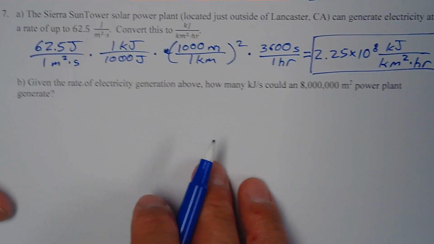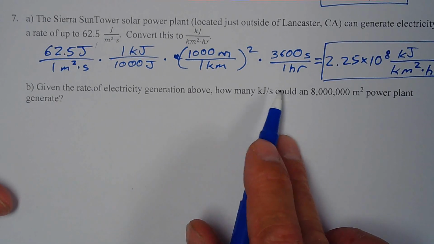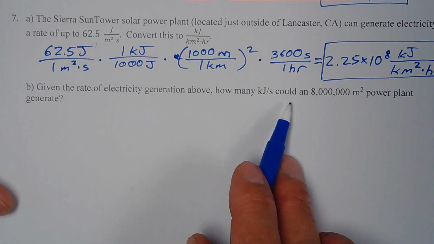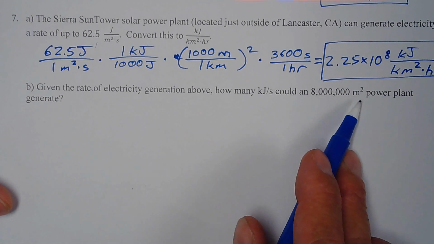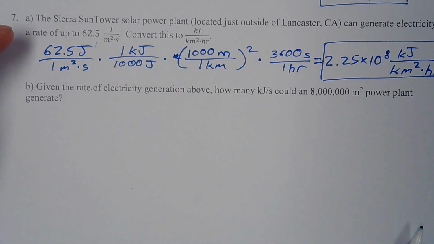Last but not least, last example problem here. Given the rate of electricity generation above, how many kilojoules per second, notice that we got rid of the area quantity, could an 8 million square meter power plant generate? Okay, the underlying assumption here is one of direct proportionality. In other words, if you have twice the area, you generate twice as much energy, which, as I mentioned, given the design of the solar power plant, is not too bad of an assumption.